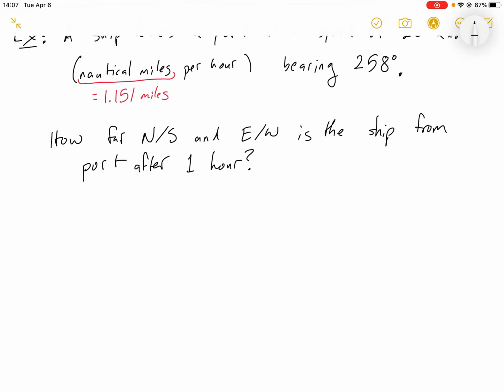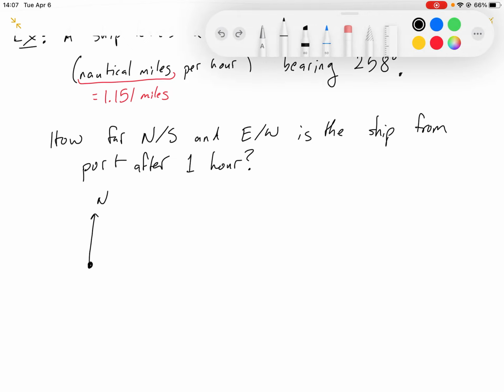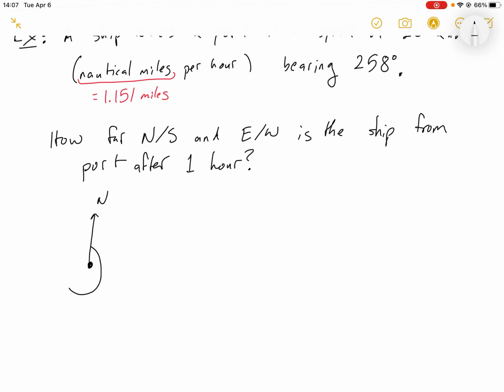Okay, so let's start off just by drawing. So let's say we have our port here. I'm going to say this is north, and if I rotate around 258, well, this would be 90, that's 180, and that would be 270, so that's a little bit too far. So we're going to say that we've gone, maybe here is about 258 degrees. I'll draw the rest of my compass here.